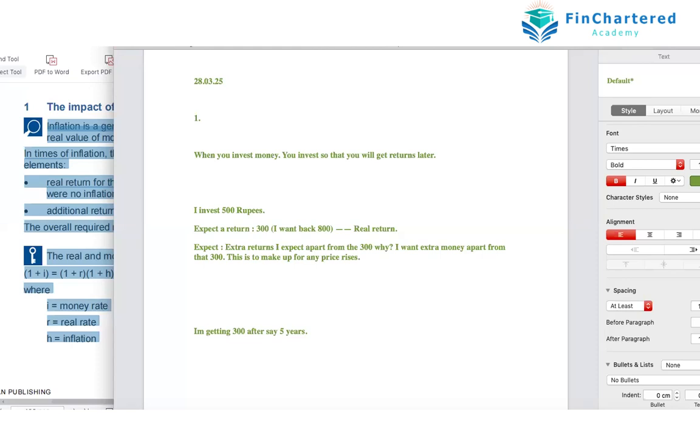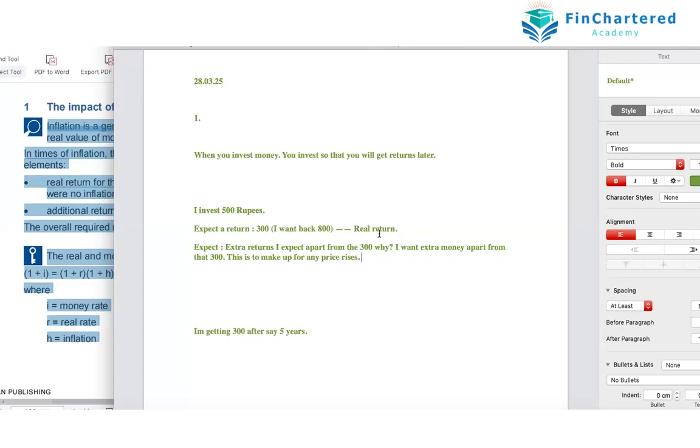In the future, after 5 years, when I get 300 rupees, it should not be like, oh, that 300 rupees, I can't even buy one bottle of Coca Cola. I should also take into consideration that in 5 years' time, there will be a rise in prices.